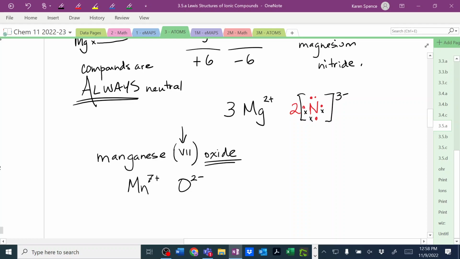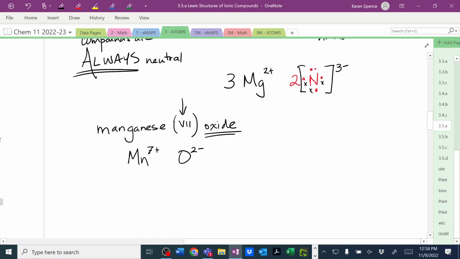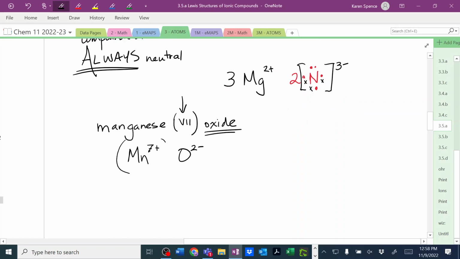Yeah, double the manganese and have 7 oxygens. You're essentially finding the lowest common multiple of each, which is 14. So if you take this and you multiply it by 2, you're going to get 14 positives. And if you take this and you multiply by 7, you're going to get 14 negatives.